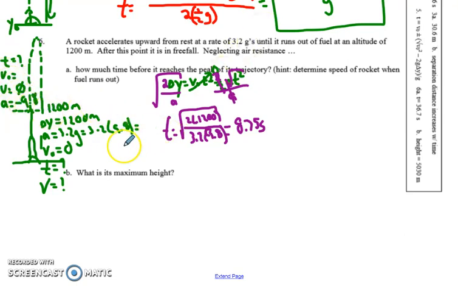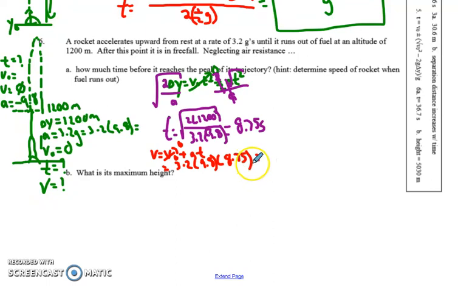So for that second problem, now that I know the time, I can do v equals v naught plus at. And once again, for this first half, the initial velocity is 0, and then I get the acceleration times the time. So this is 3.2 g's, so 3.2 times 9.8 times my time of 8.75 seconds.